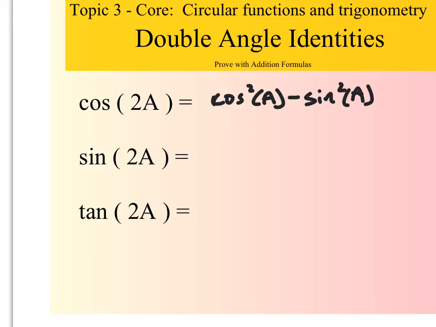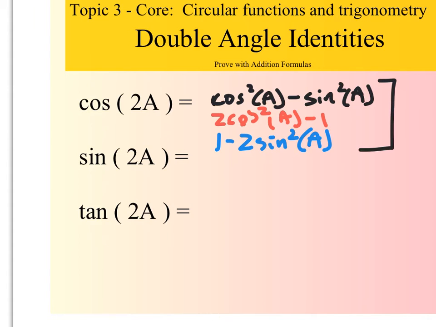Those two alternate forms are 2 cosine squared A minus 1, and the other form is 1 minus 2 sine squared A. Okay, all three of those are alternate forms of cosine 2 alpha. Sine 2 alpha just has one form, 2 sine alpha cosine alpha.